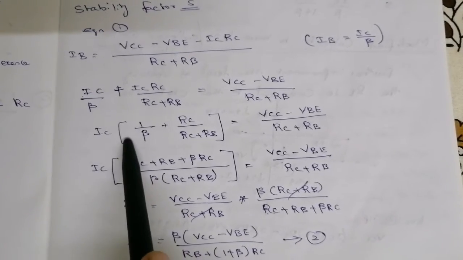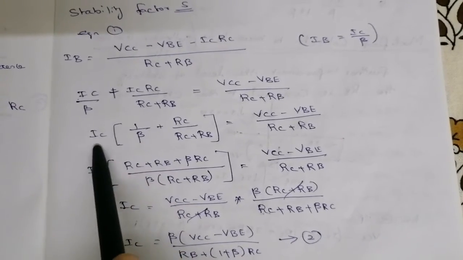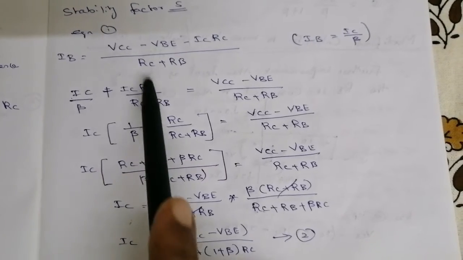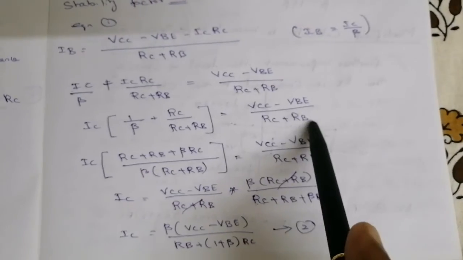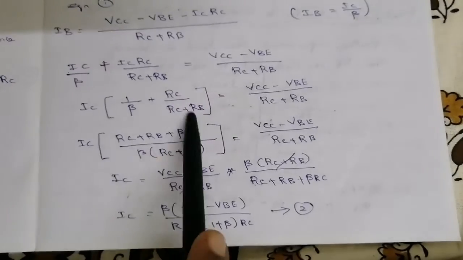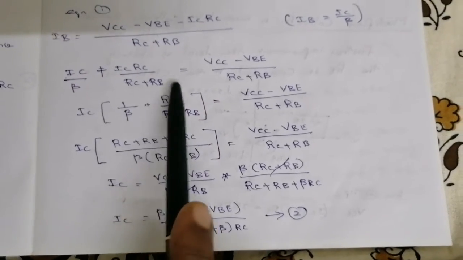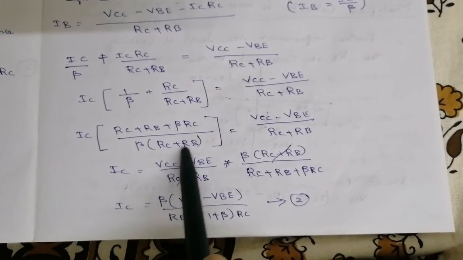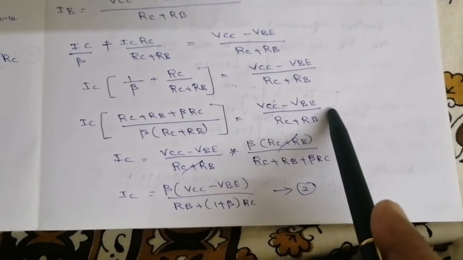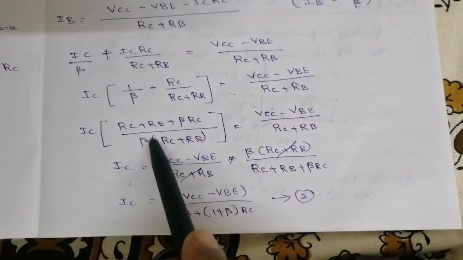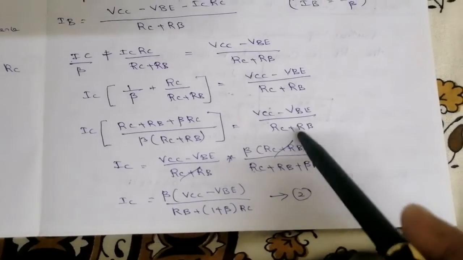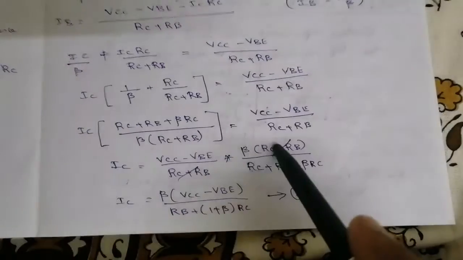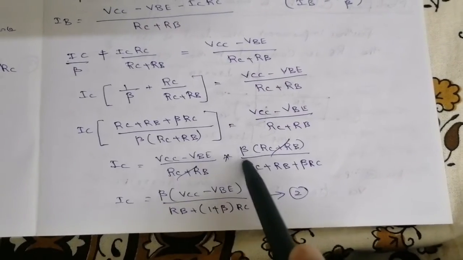So IC into 1 by beta plus RC by RC plus RB equals the RHS terms. Now take the LCM: RC plus RB plus beta RC divided by beta into RC plus RB equal to the RHS term. Now IC is equal to, cross multiplying, this term goes to the other side and we get the reverse order: beta into RC plus RB divided by RC plus RB plus beta RC.